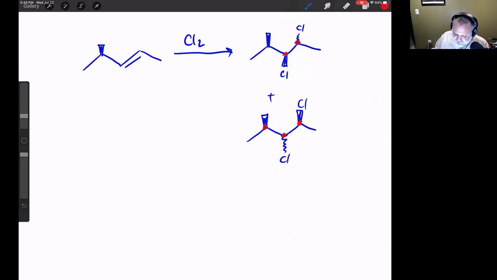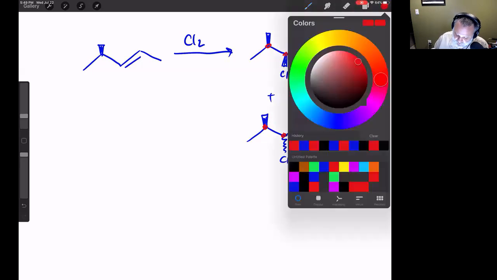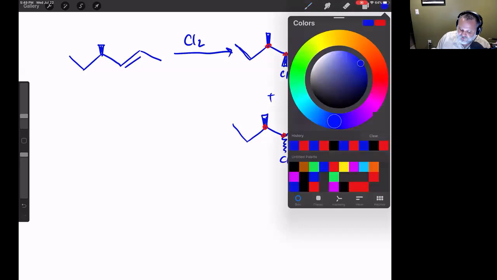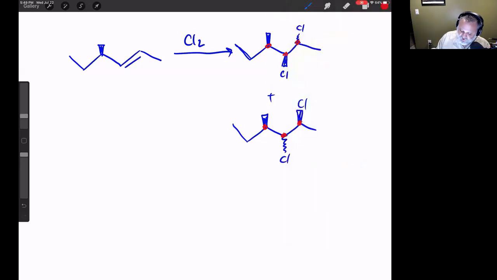But where the methyl group is attached, I'm sorry, if you look really closely, and I make this mistake quite a bit when I'm doing examples out of my head, it's not technically a chiral center. Now I've added an extra methyl, an extra carbon. It is a chiral center now. So back to what I was saying, if you take a look at the chiral centers that involve the chlorines, they have had their configuration switched. If you look at the configuration where the methyl group is, you see it has not been switched. So they're not enantiomers. This is a pair of diastereomers.